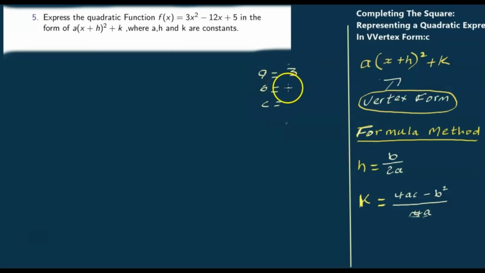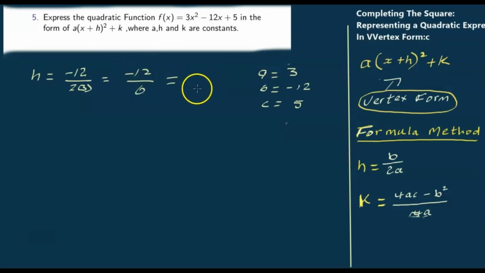A is 3, B is negative 12, and C is 5. So now we're going to find h. h equals negative B over 2A, and B in this case is negative 12, all over 2 multiplied by A, which is 2 times 3. So it's negative 12 all over 6.